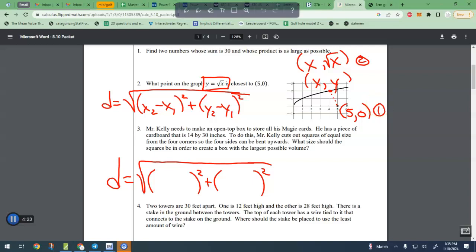But in the way I did it, x2 would be x, minus x1 is 5. y2 would be the square root of x, minus y1 would be 0. And that would be your answer. That is the equation that we're trying to optimize. And it's down to one variable, so when we get to that point tomorrow, we can do that. Questions on that?